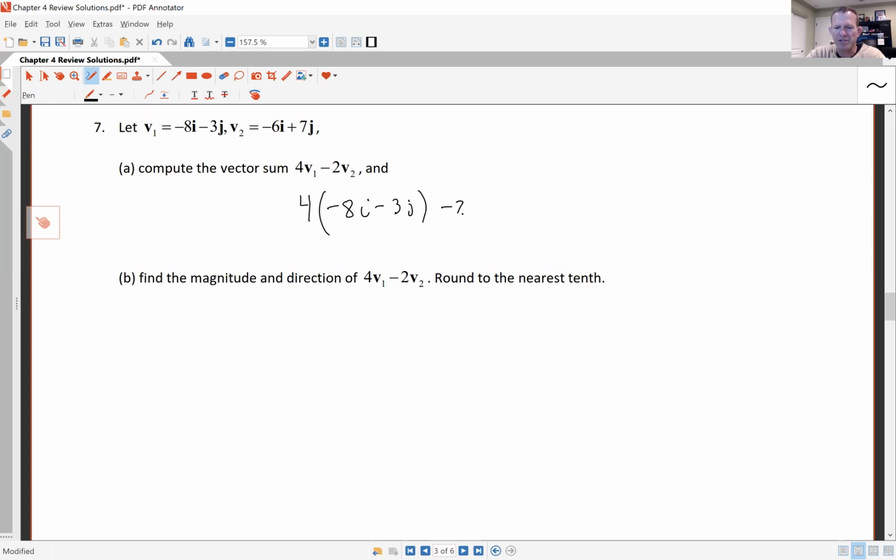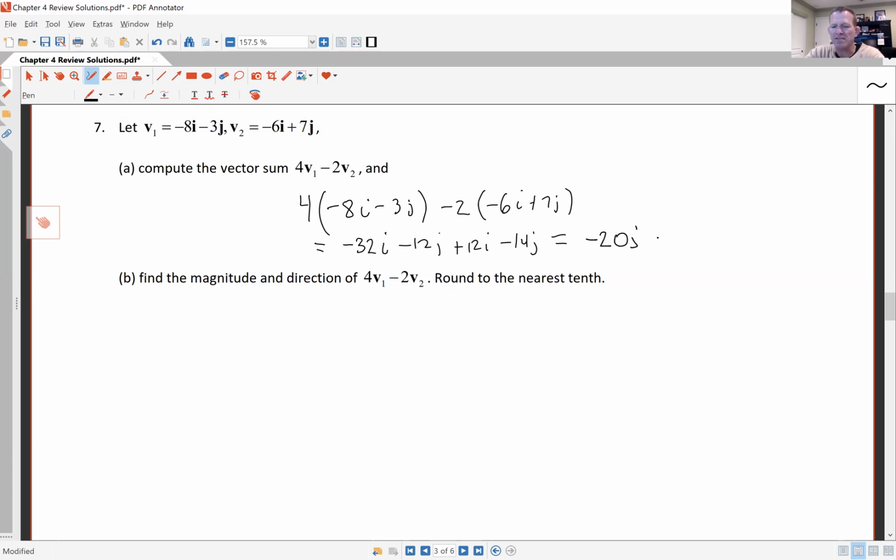And then we're going to subtract 2 times vector 2, negative 6i plus 7j. So as would be expected, you just distribute the 4 across and then the negative 2 across. And you can only add the i components to the i's and the j's to the j's. So negative 32 plus 12 is negative 20i.